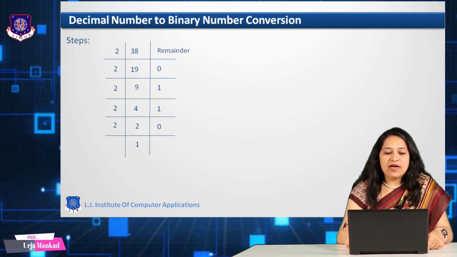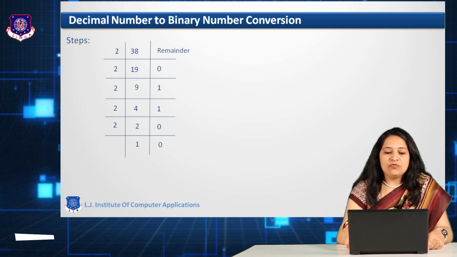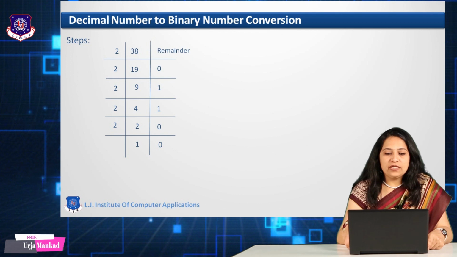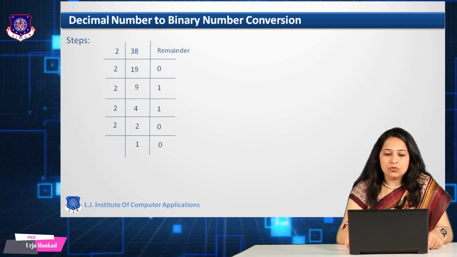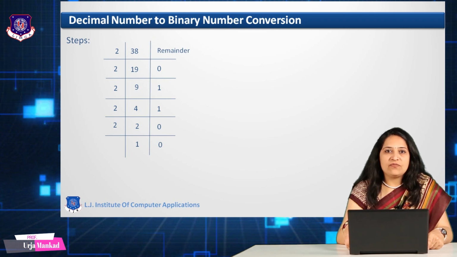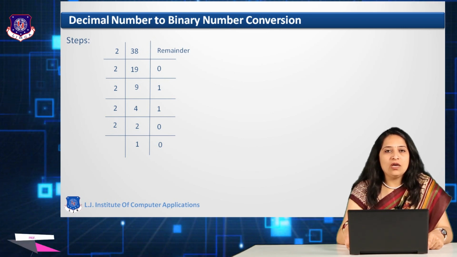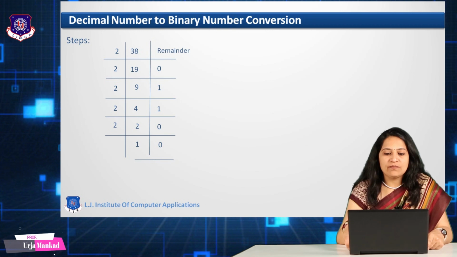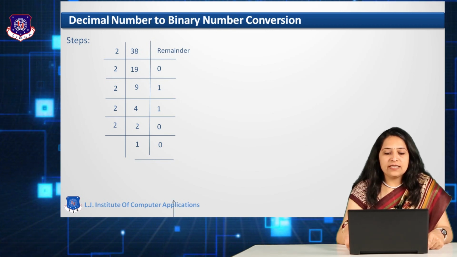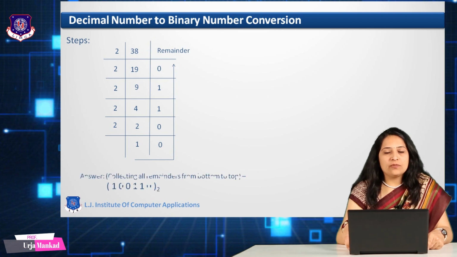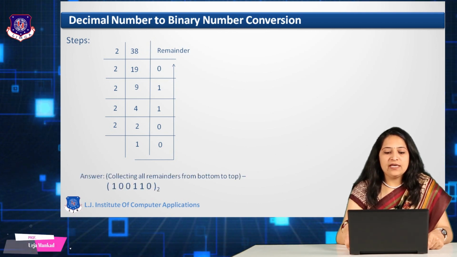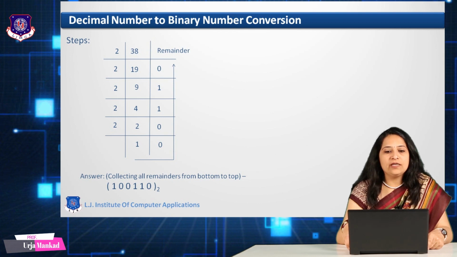Finally, when we divide 2 by 2, we get 1 as a quotient and 0 as a remainder. Now, we cannot further divide 1 by 2. So, in the last step, we have to collect all our remainders for the answer. Consider this last one, then all other remainders from bottom to top. The final answer is 100110.